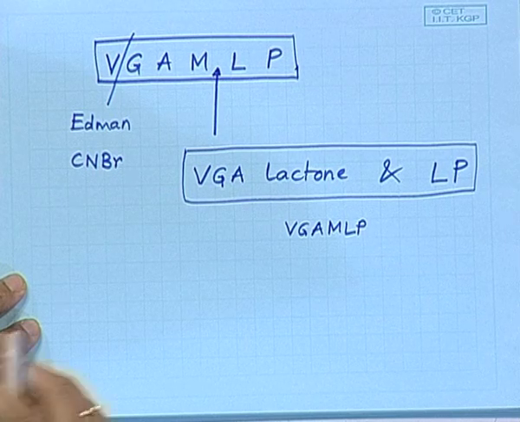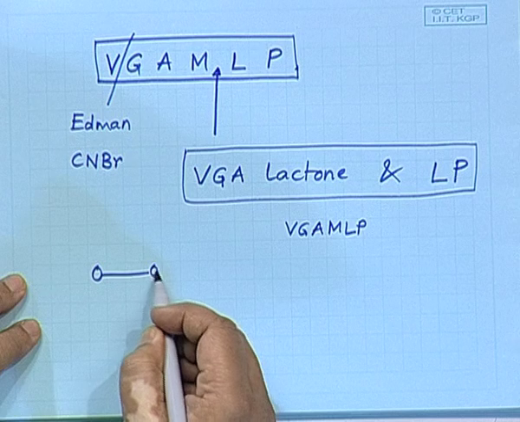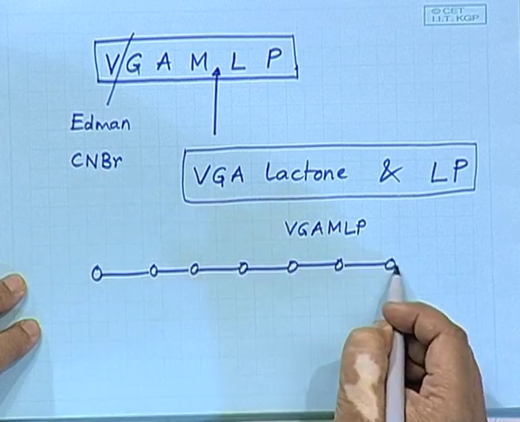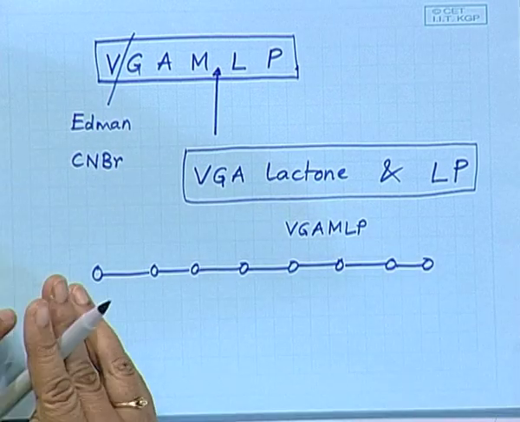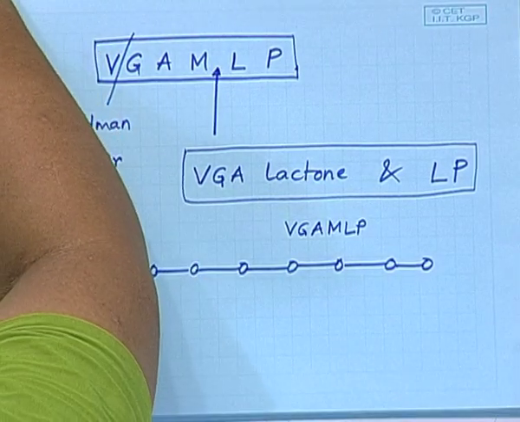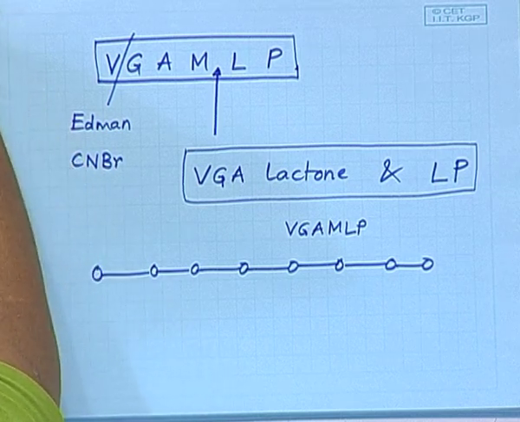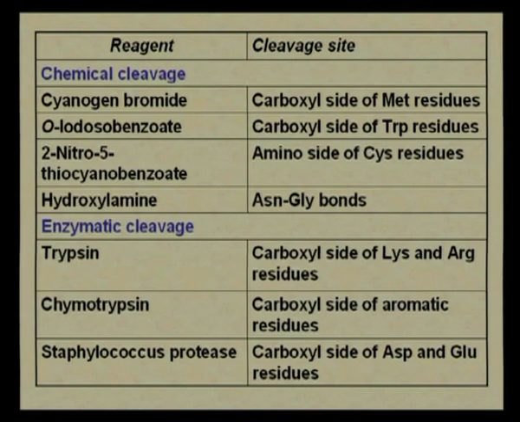What do I mean by that? I mean that if I have a long chain now, I can either use an enzymatic cleavage or I can use a chemical cleavage. What is that? If we get back to the slides here, I can have a chemical cleavage where I can have cyanogen bromide, which will cleave on the carboxyl side of methionine residues.